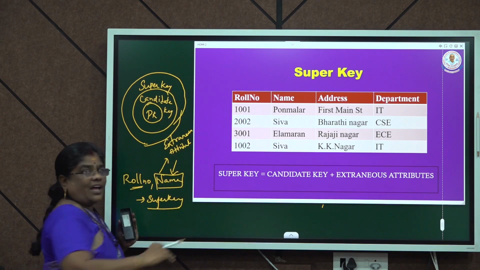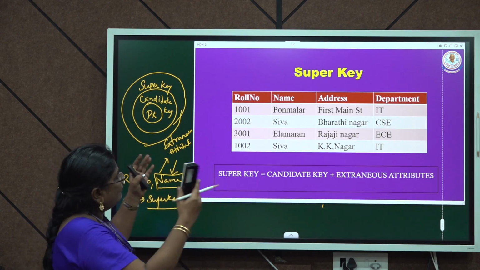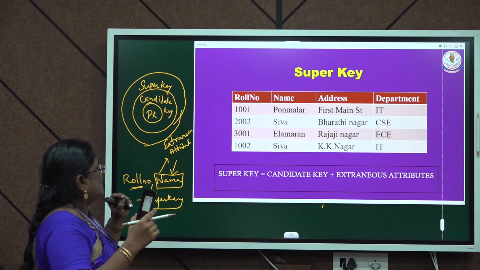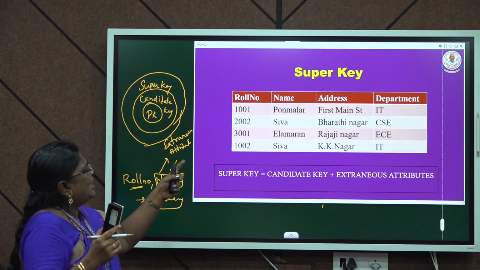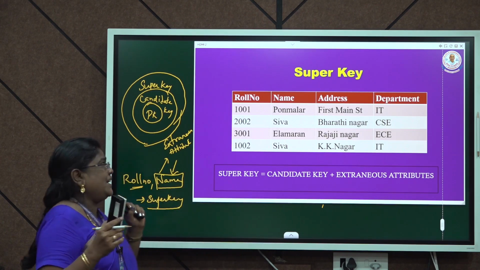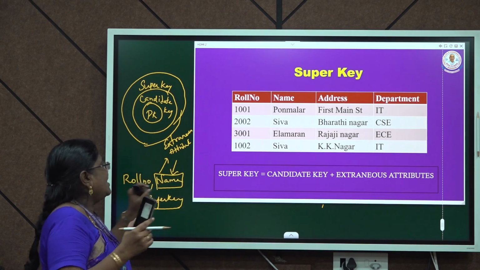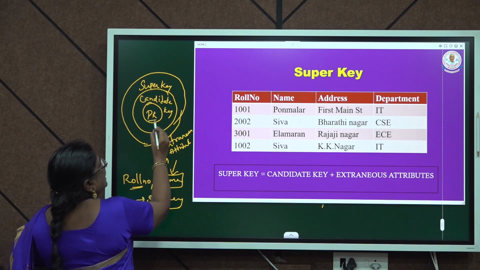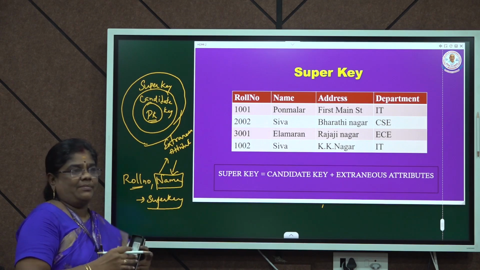I think now you are clear with this one. All four attributes together are a super key, and out of which the candidate keys are name and address together as one candidate key, and roll number as another candidate key, out of which we are going to take the roll number as the primary key.